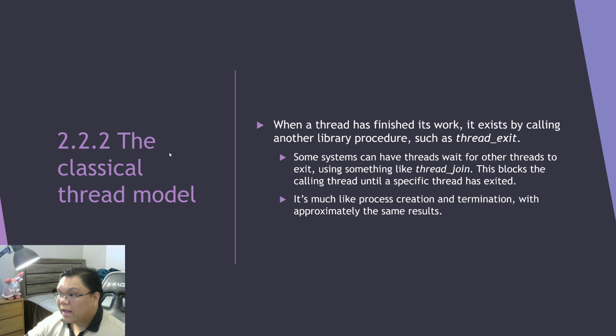When a thread has finished its work, it exits by calling another library procedure, something called thread exit. Some systems can have threads wait for other threads to exit using something like thread join. This is based on something called the fork and join model, where one thread creates a bunch of child threads.